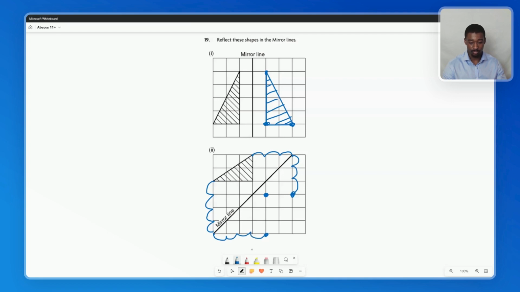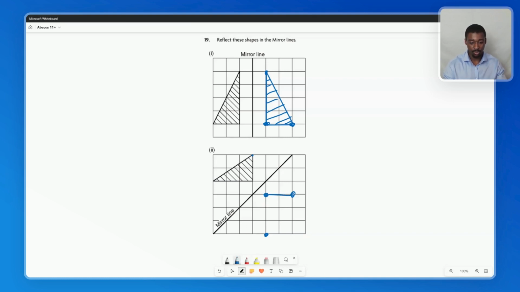And if you're struggling with that, in the exam, there's no rule that says you can't simply turn your page. If you can visualize these things better when you have a vertical mirror line, then simply rotate your page in the exam or rotate the paper, and then you have the vertical mirror line, and simply map across each one of the points, and you'll get the right answer.